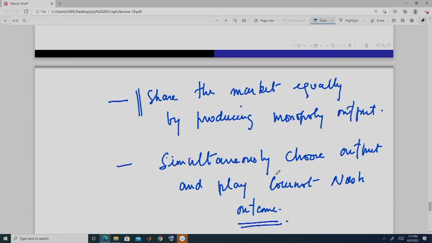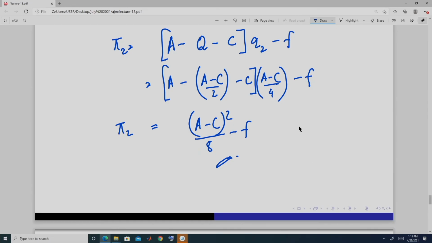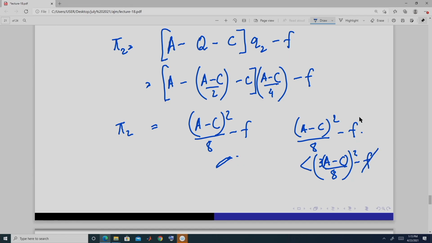So, now let us compare the profit here. This, and you will see that this is always less than this.